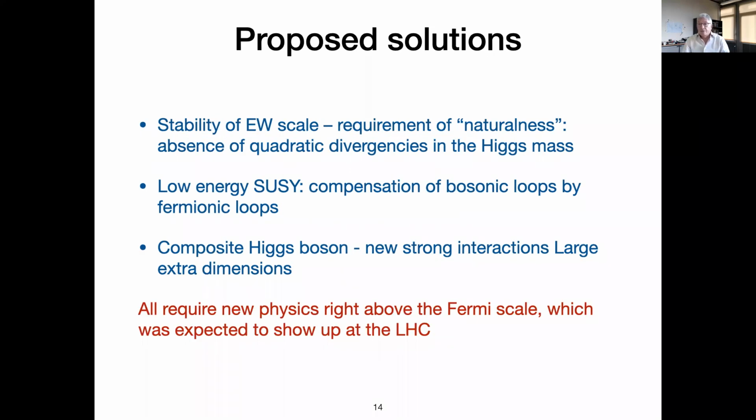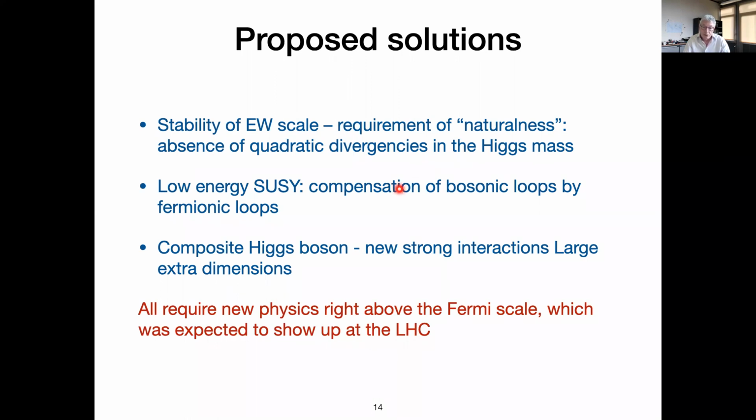To remove the sensitivity of the Higgs mass to this very large energy scale, say grand unification, is exactly the requirement of naturalness and the requirement of absence of quadratic divergences in the Higgs mass. There were plenty of solutions proposed to solve this problem.